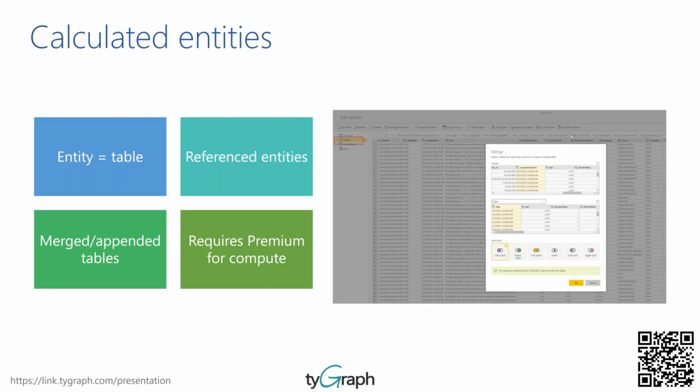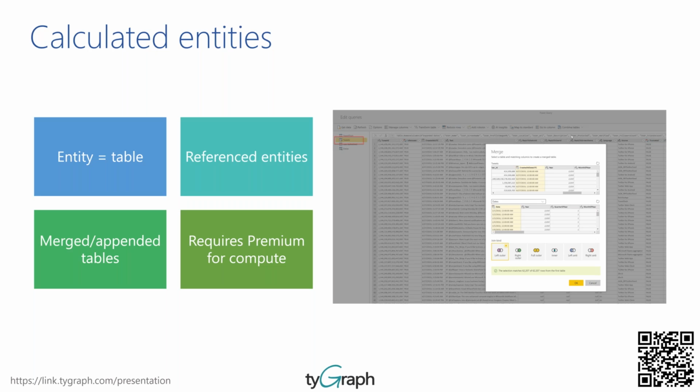Another way we could use calculated entities is to refer to an entity from a different dataflow in another dataflow, and that's a referenced entity. A common scenario there might be a date table. To build out my date dimensions, I may want to refer to a common date table that's across the organization, and instead of recreating it in my dataflow, I might want to refer to the one from a different dataflow.